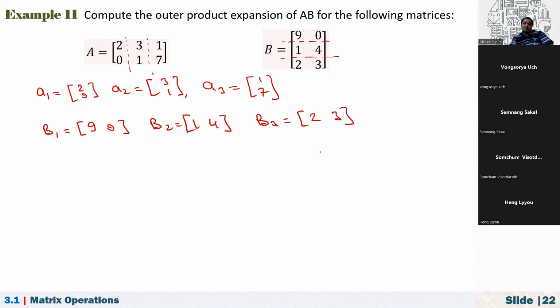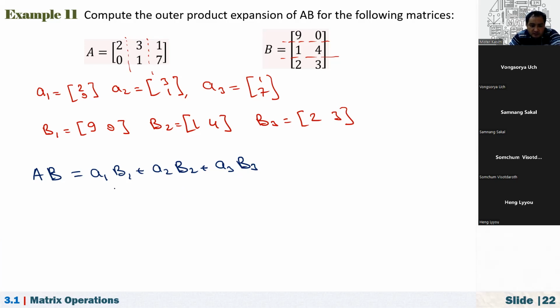So now the outer product expansion of this product, we know, is equal to A1 B1 plus A2 B2 plus A3 B3.